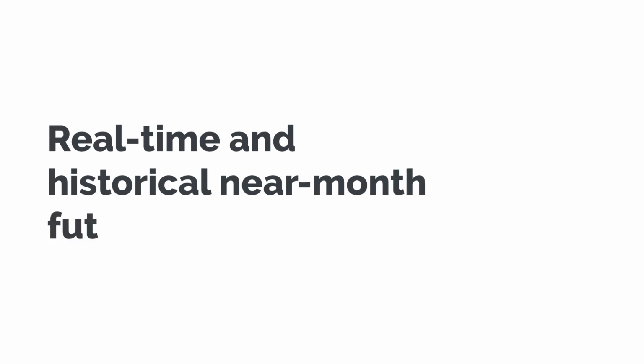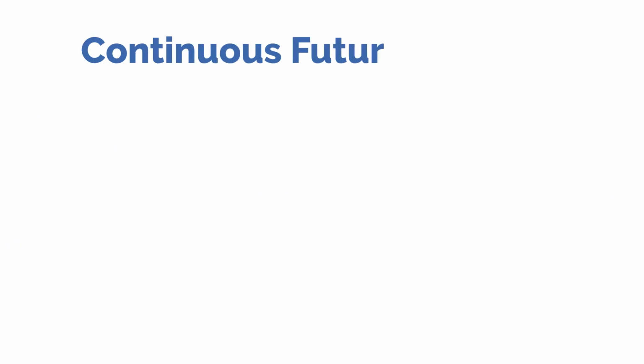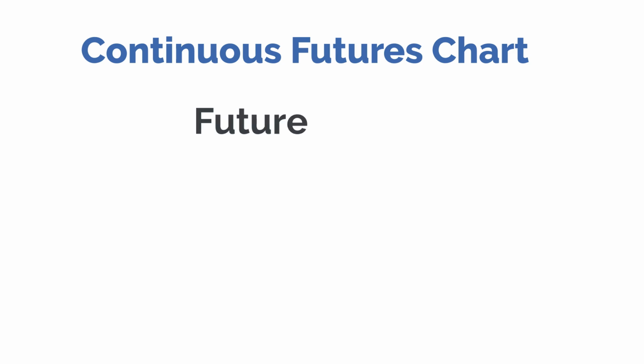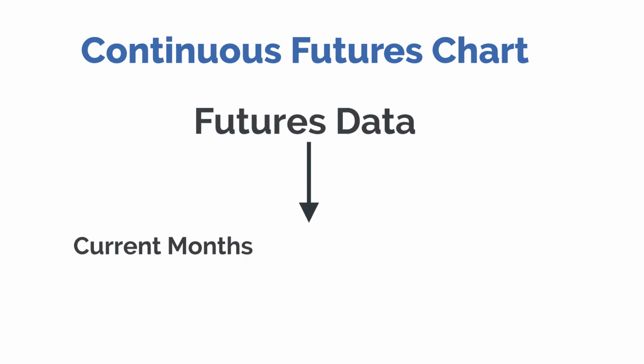A continuous futures chart shows you the real-time and historical near-month futures data for that particular instrument. When you load a continuous futures chart on a particular script, you will be able to see the futures data for the current month and historical months.